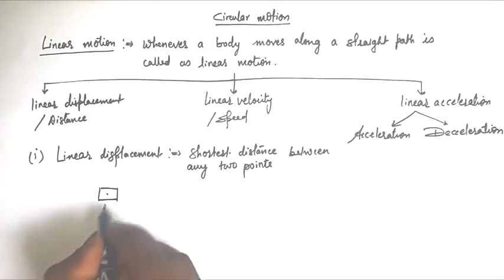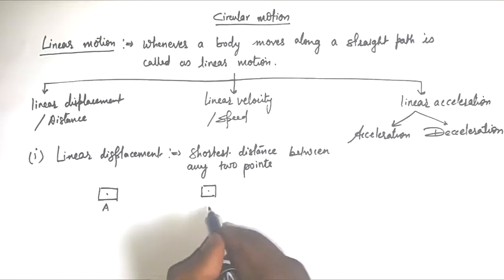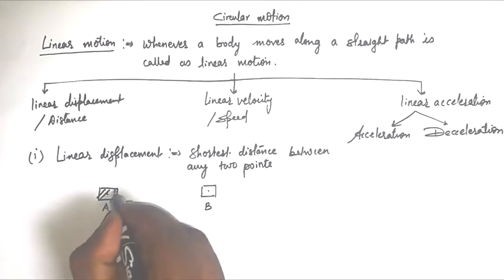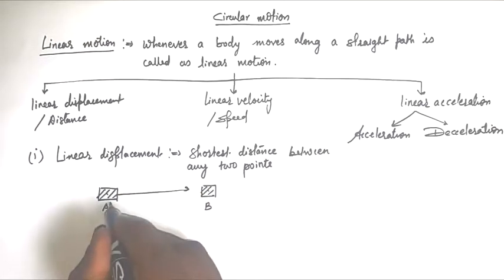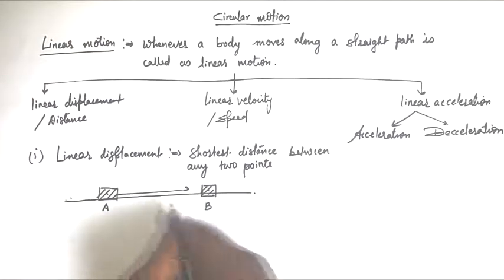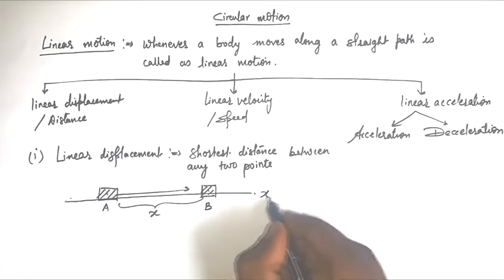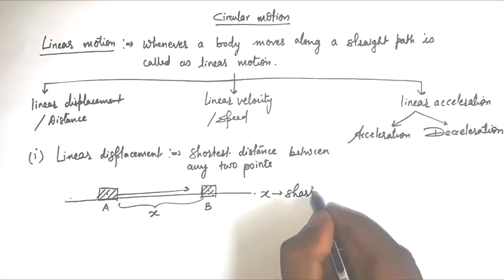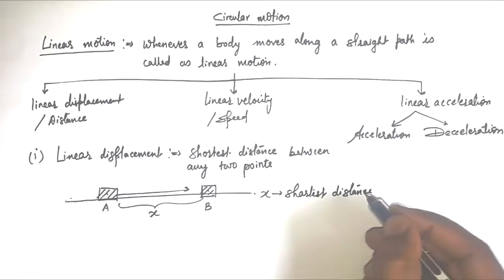This is a body which is present at point A and it is moving towards point B. If it moves along a straight path like this, then it has to cover a distance x to reach from point A to point B. This is the distance x, and this x is the shortest distance traveled by the body.